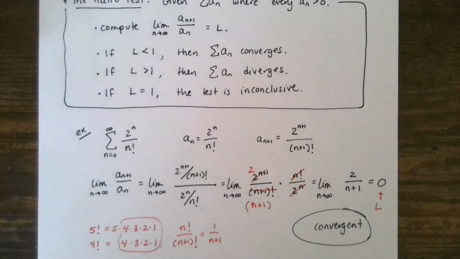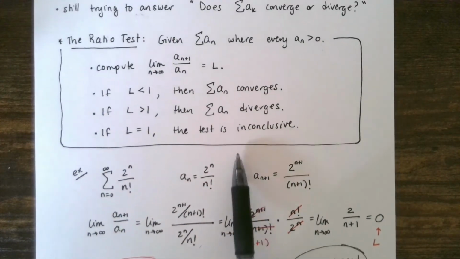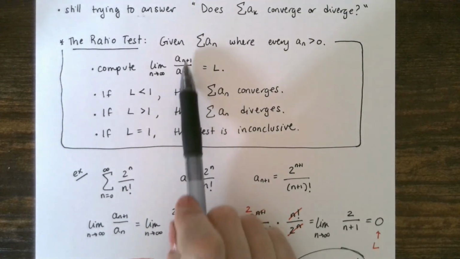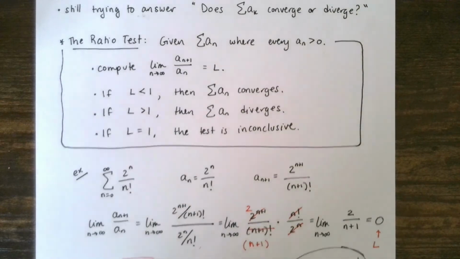All right, so I do have one more example here that I'm going to do in this video. It'll be a little bit longer than a normal video, but I want to point out before we keep going roughly why the ratio test is true. And the way I like to think about it is to think, what if I did this with a geometric series? If I took the ratio of consecutive terms for a geometric series.